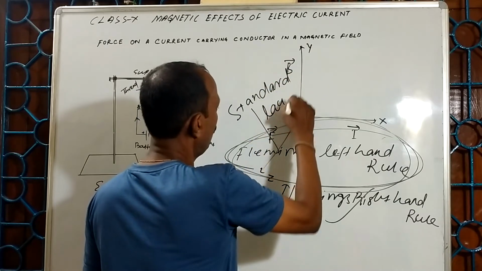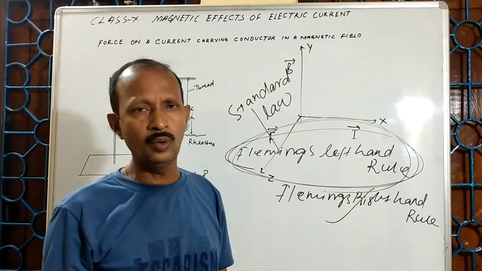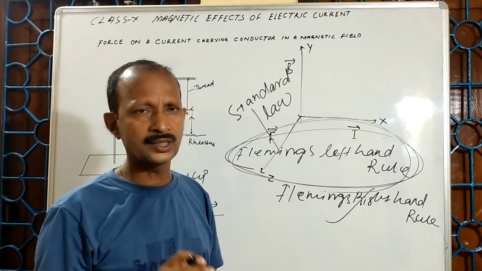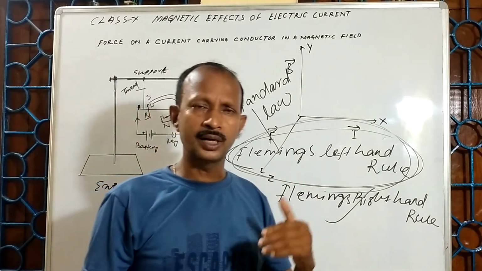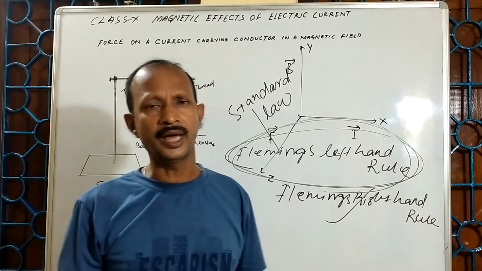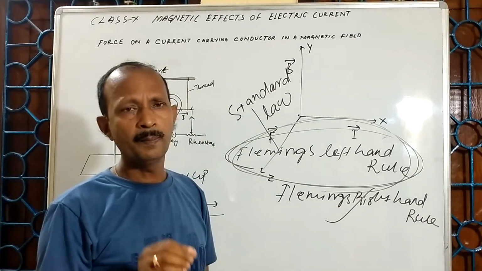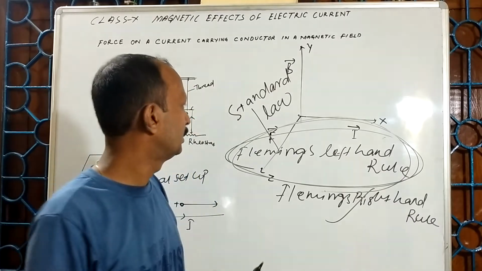So I can say that Fleming's left hand rule we can use to find the direction of motion of the conductor, or to know in which direction the force is acting on the conductor when it is placed in a magnetic field.